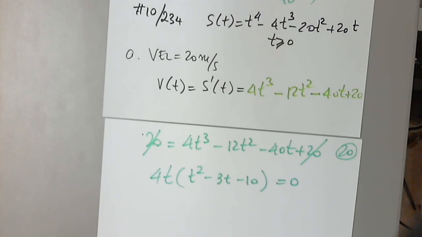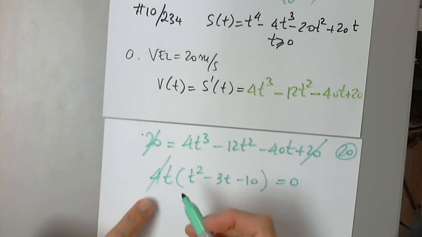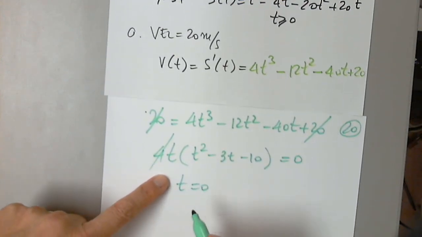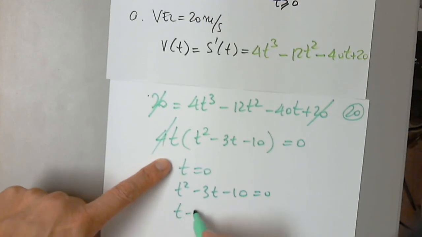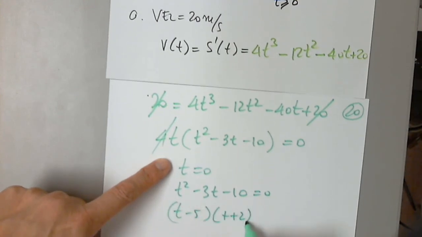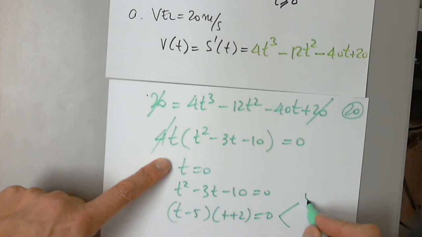I subtracted 20 from both sides, and I factored out 4t from each term. Obviously one solution is t equals 0, and two other solutions will come from here with t minus 5 and t plus 2. So t equals 5, and t equals negative 2 is not acceptable.